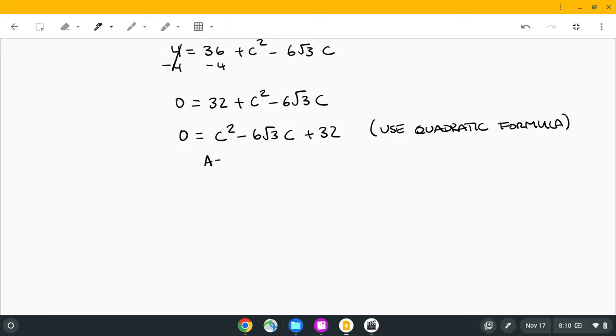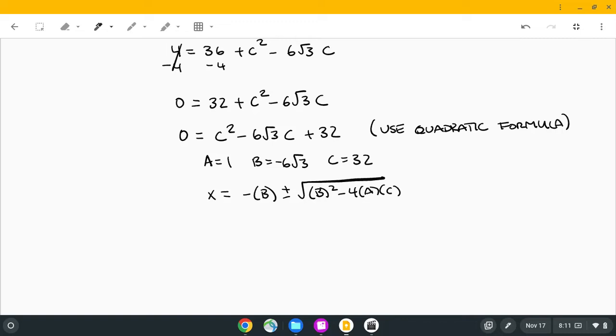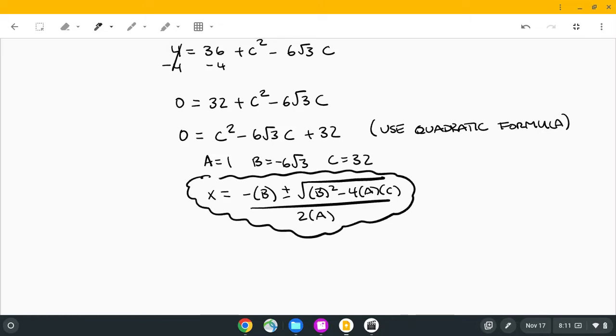So here, in the quadratic formula, a is 1, b is negative 6 square root 3, and c is 32. If you remember the quadratic formula, x equals negative b plus or minus the square root of b squared minus 4ac, all over 2a. So this is what we are going to use, and we will plug those values a, b, and c in here. I got these values from here.